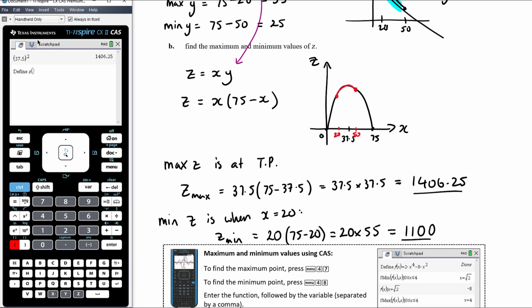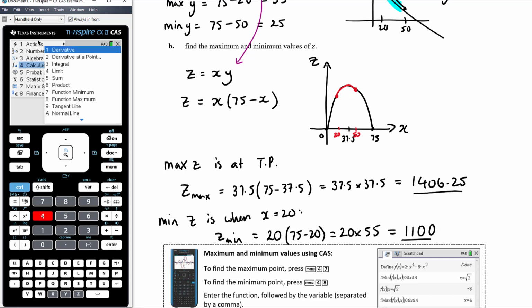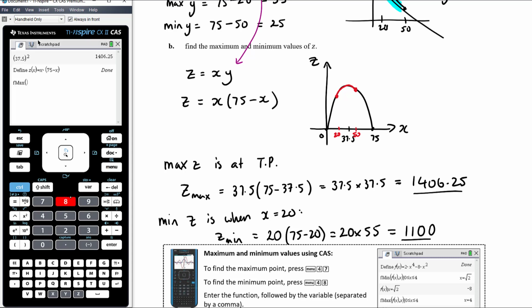So if I define z of x as being equal to x times 75 minus x, then I use function max, so menu 4 for calculus, 8 function max, and tell it I want you to find me the maximum of z of x.